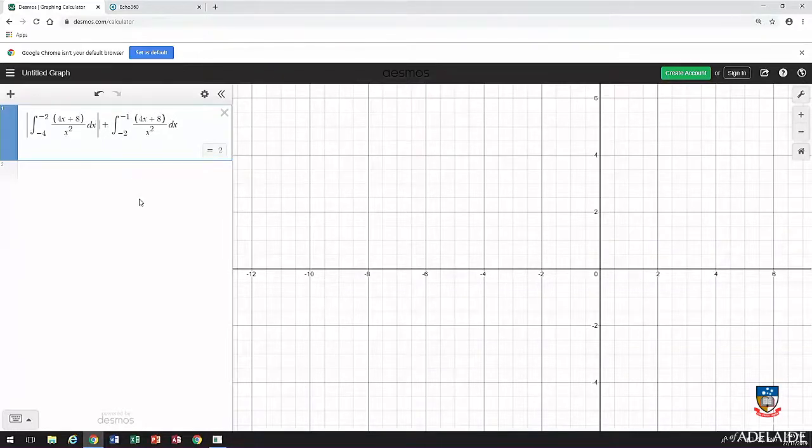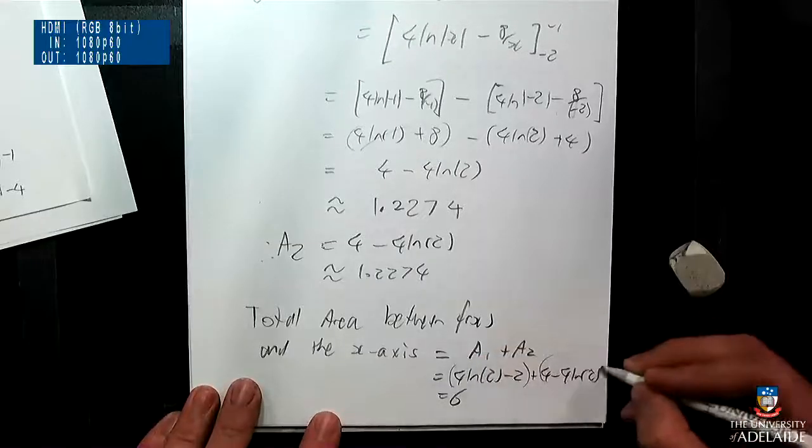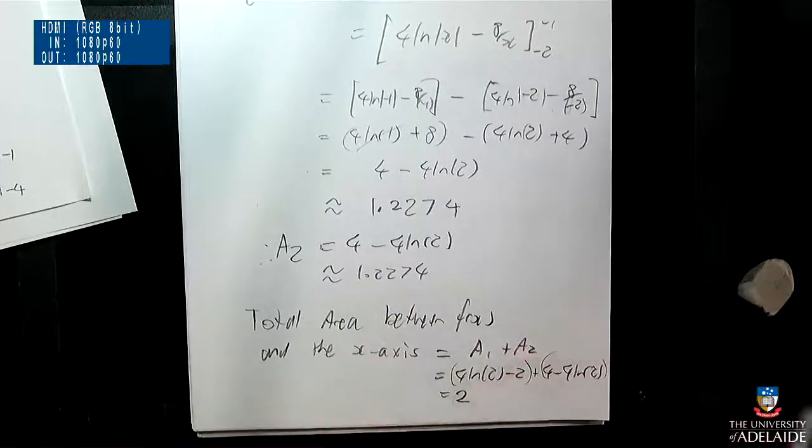I get a 2. No. Look. Minus 2 plus 4 is not 6, it's 2. Right, okay. Kind of cool that it came out to a whole number.